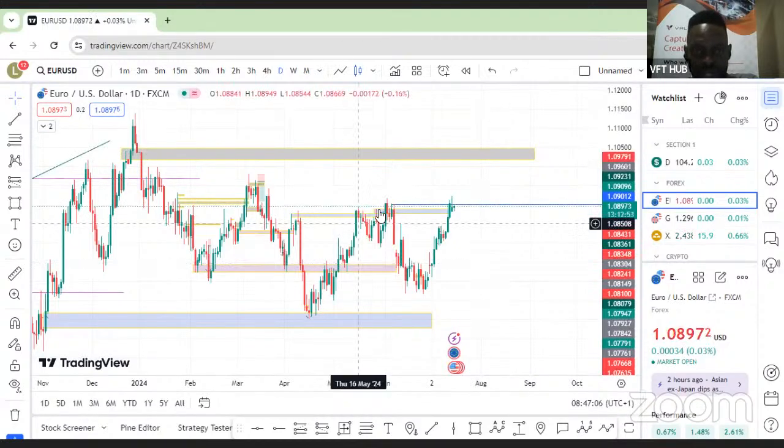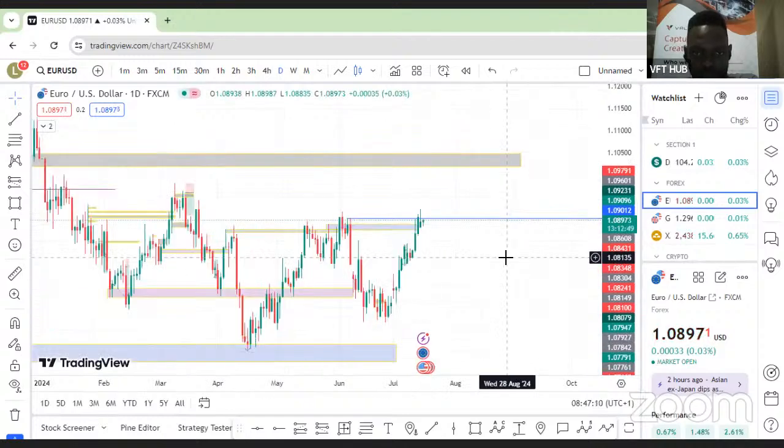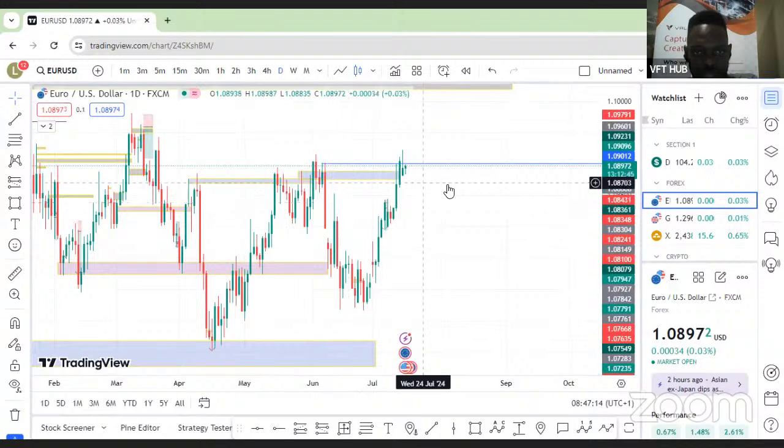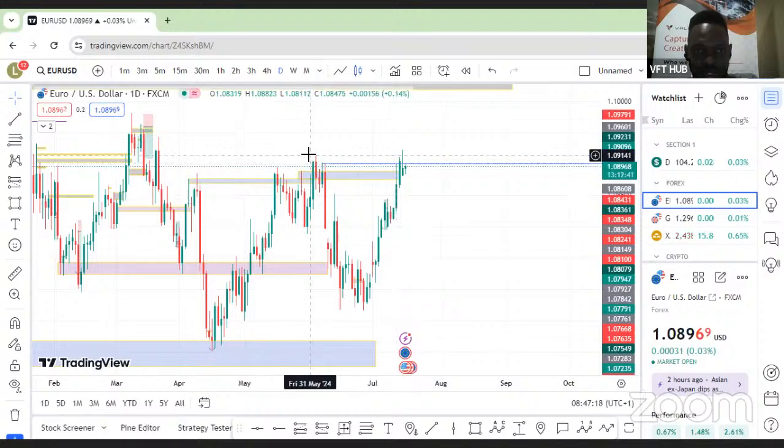However, I know you are seeing a shoulder somewhere around this level here. I also spotted it some few days ago, but it's not that much. Now we've seen how price took out this particular high. Someone said we can't see.